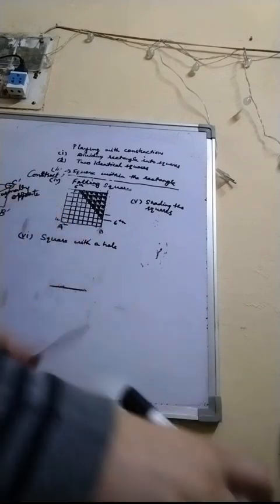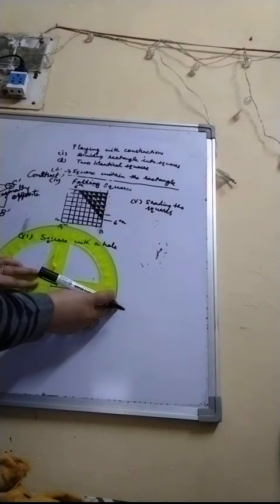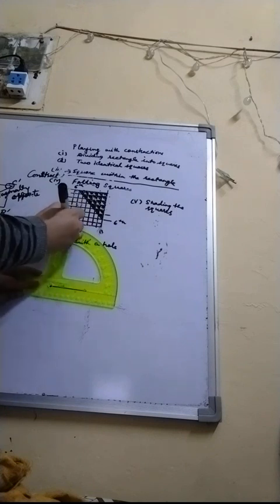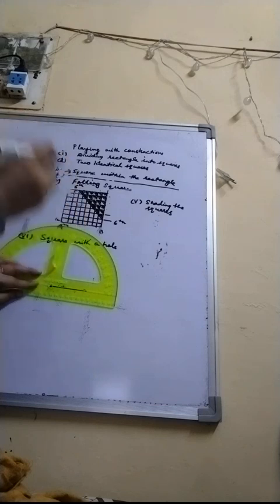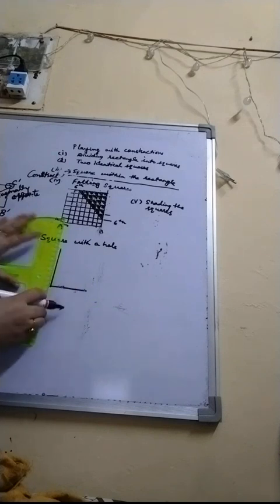And how you draw the square? Remember how you draw the square? These two ends you have got, put the center of the protractor at 1 and count from 0 line and give 90 degree. Join the two lines, two dots like this.